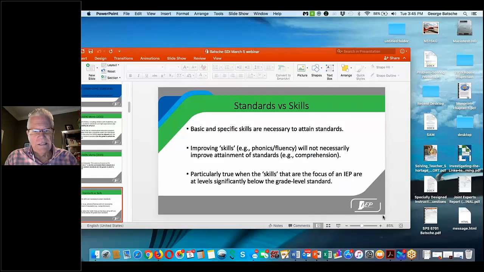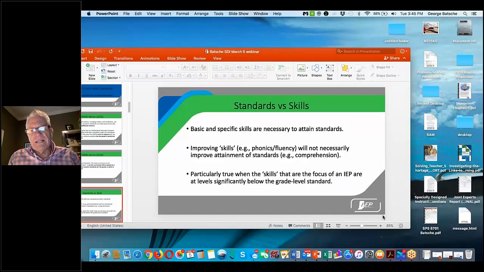That's the learning to read kind of thing. So the dilemma we get into is aligning IEPs with skill deficits like fluency, etc., for students who are well beyond the grade level where that particular skill is actually part of the standard.